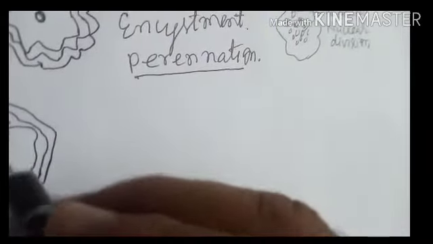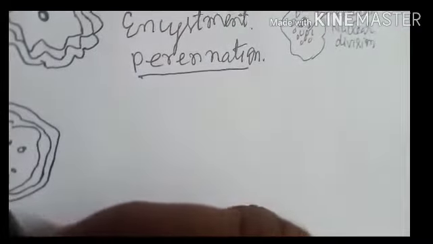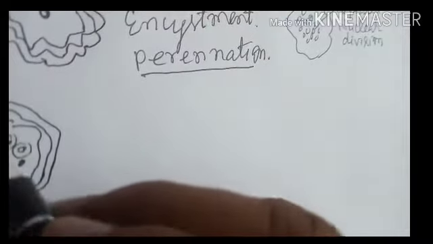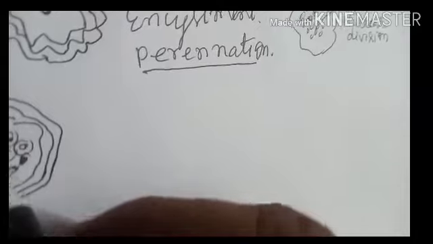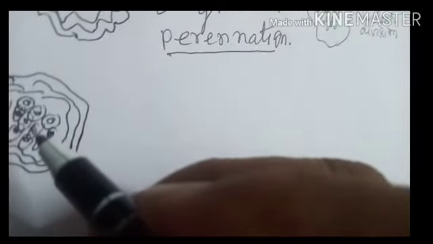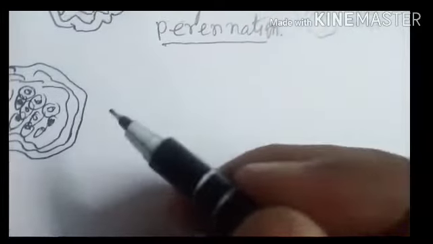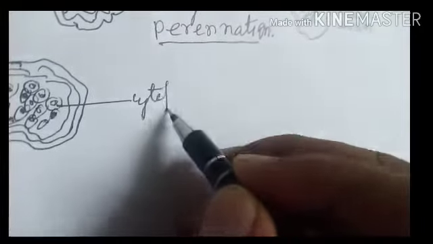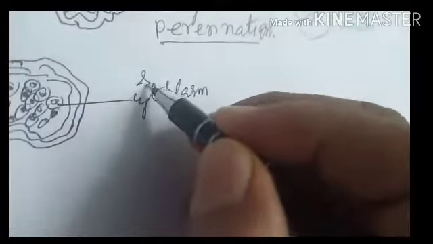and then each nucleus gets surrounded by cytoplasm. The cytoplasm gets cleaved, and a small amount of cytoplasm gathers around each nucleus. This is the small amount of cytoplasm.